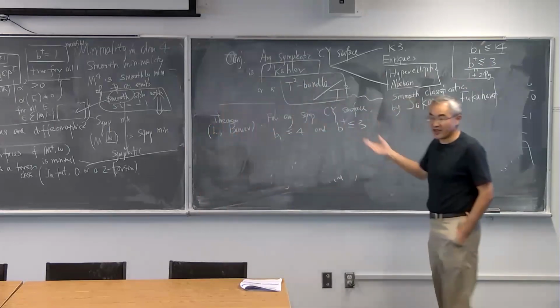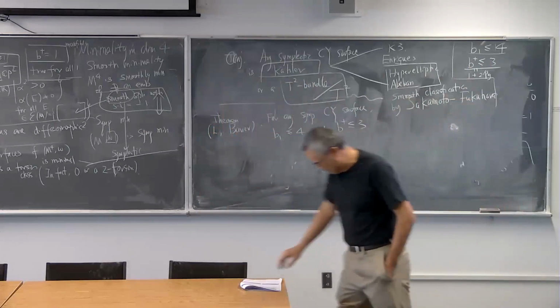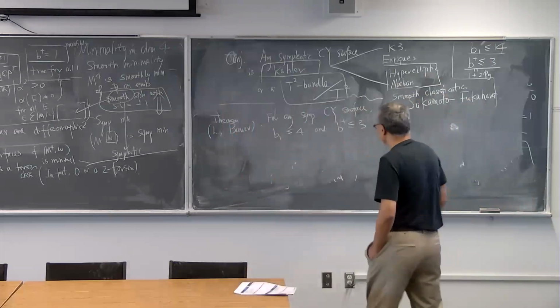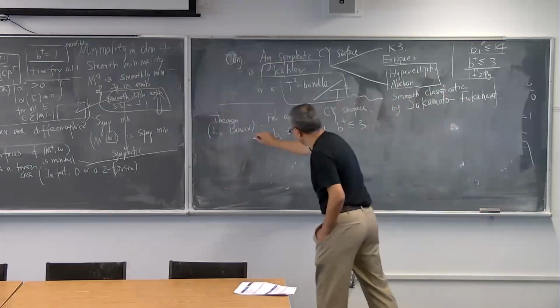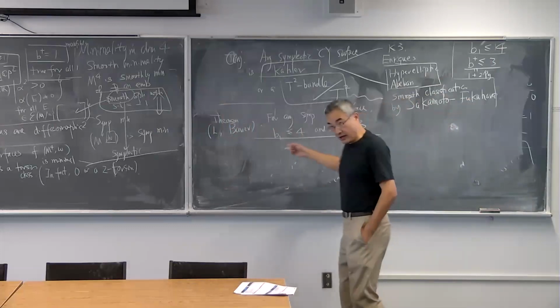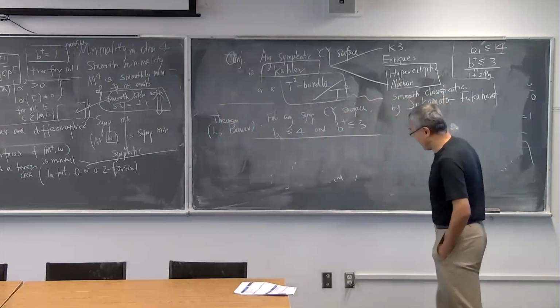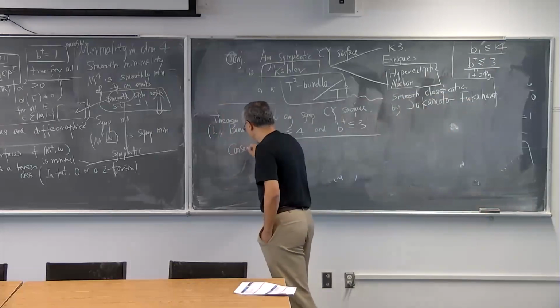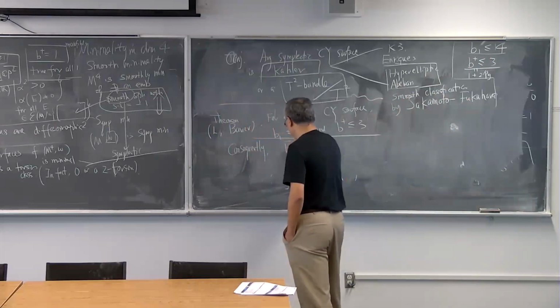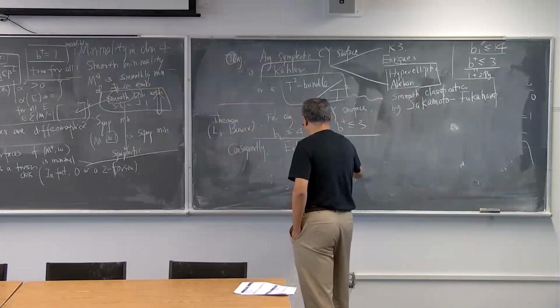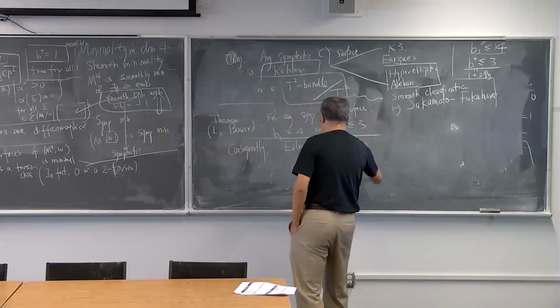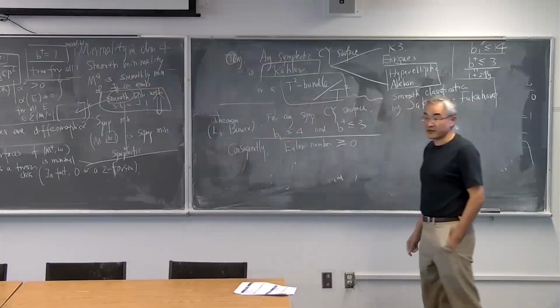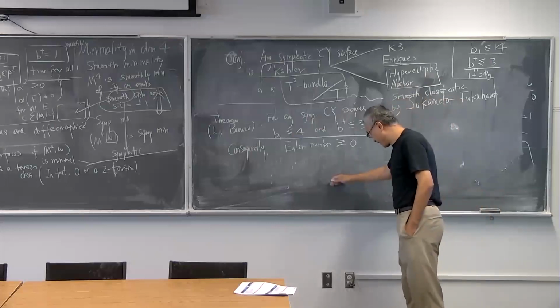It was proved a long time ago. And there are some immediate consequences of these Betti number bounds. The Euler number is not negative.